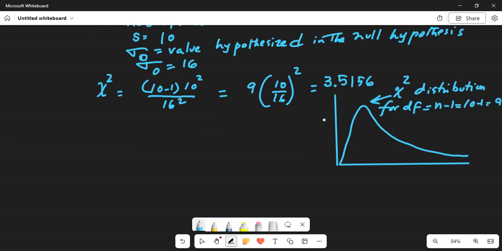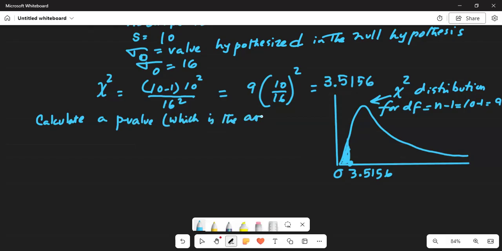So this is 0, and our test statistic 3.5156 is somewhere over here. Remember, this is a left-tail test, so this is the p-value. Calculate a p-value, which is the area to the left of the test statistic.